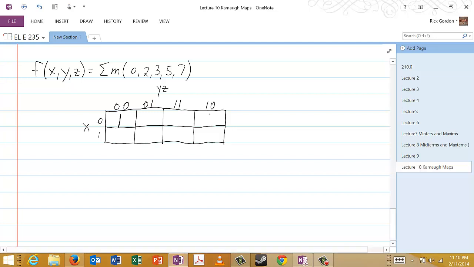And therefore, we get a 1 there. 3 is 0, 1, 1. So we have a 1 here. What about 5? That's 1, 0, 1, which gives us a 1 here. And 7 is 1, 1, 1, which gives us a 1 here. And it's just that simple.